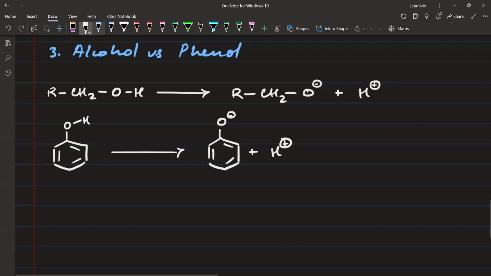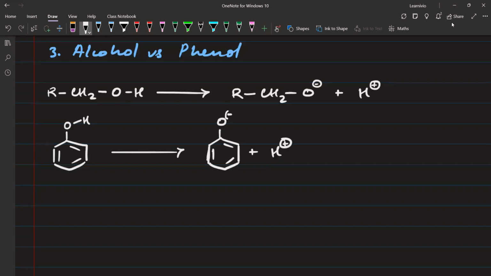The first thing we discussed earlier is that this alkoxide ion is unstable due to the plus I group. And for phenol, it is going to be stable because of resonance. This negative charge will come here and this pi bond will move here. So there will be a delocalization of the charges, and due to delocalization of charges, the stability of the phenoxide ion is going to increase.